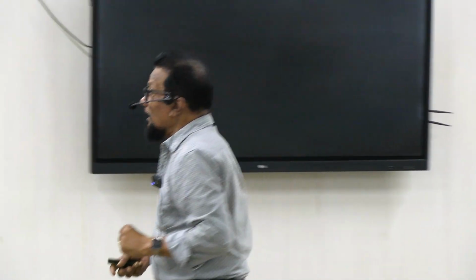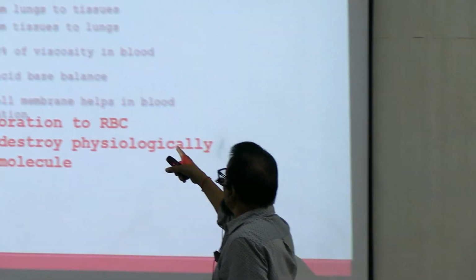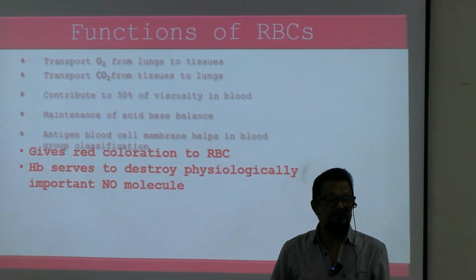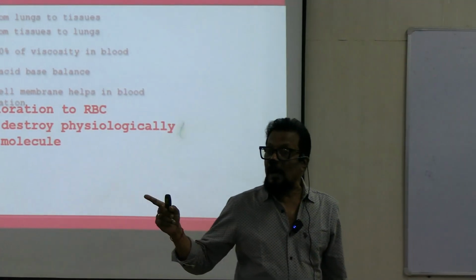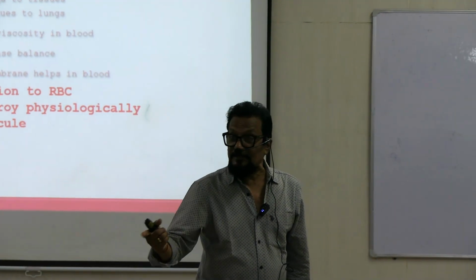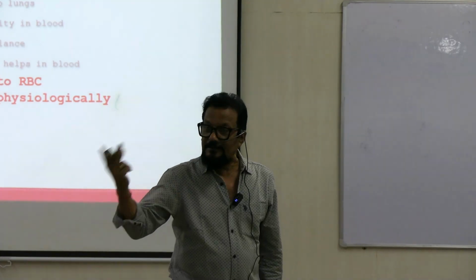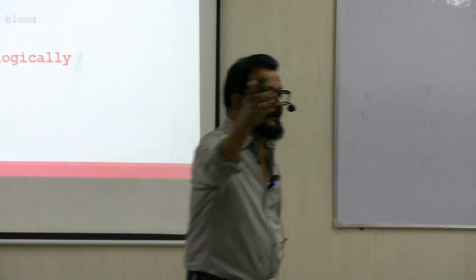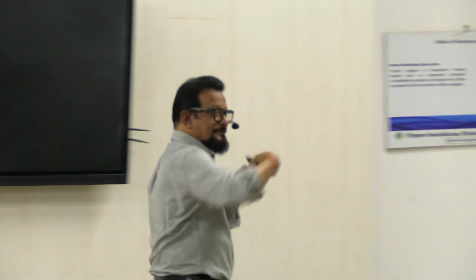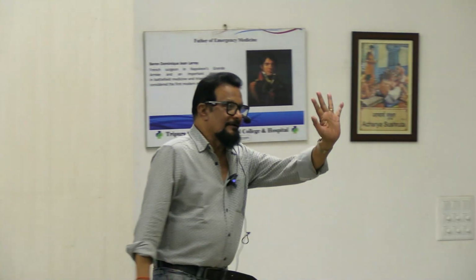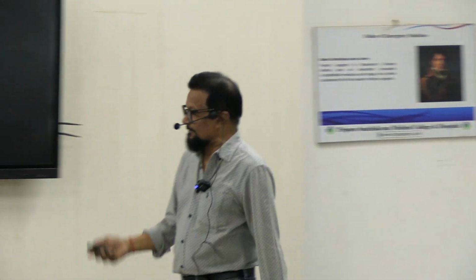RBC contributes 50% of the viscosity; other cells plus plasma proteins exert the remaining part. Clear? All the points? Very good. Excellent.